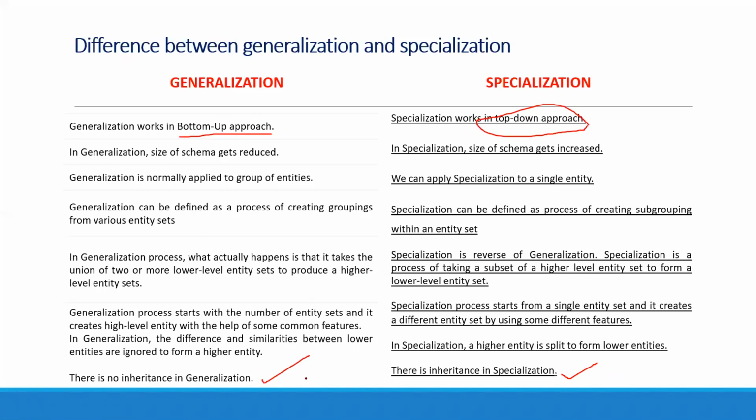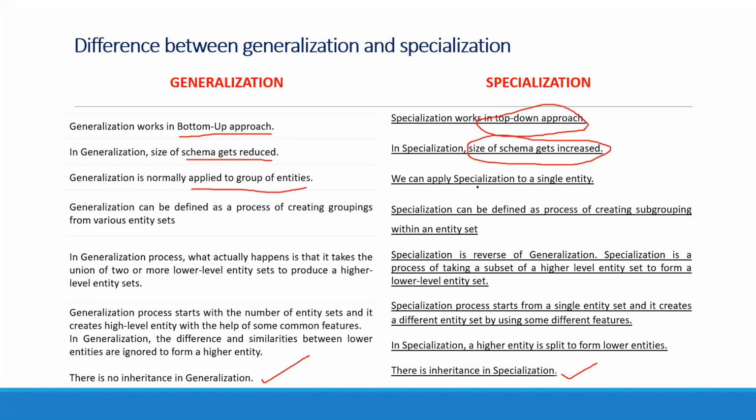In generalization, the size of the schema gets reduced. In specialization, the size of the schema gets increased, because we are dividing the entity set into multiple entities, so that requires more schema size. Automatically, many entities means the size of the schema will also be larger. We normally apply generalization on a group of attributes or group of entities, where group means union of entities.